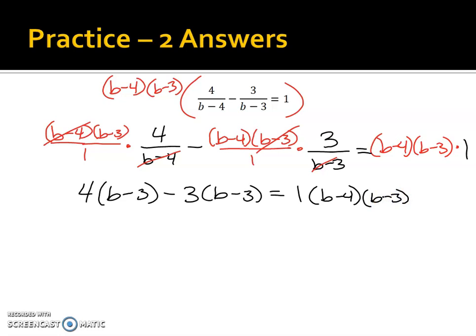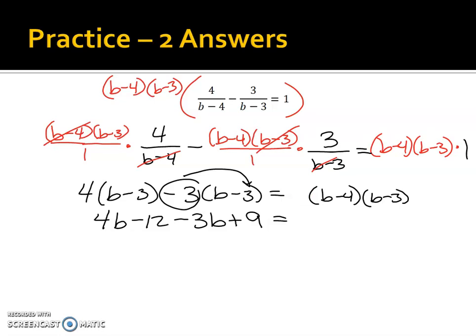Okay? So we're going to go through and distribute to simplify this thing. 4b minus 12, nothing's crazy yet, right? Negative 3b, don't forget that's a negative 3 when I distribute, so that makes it a positive 9. Okay? And then here's where the tricky stuff starts. I've got a 1 times, well, I don't even need that 1 there because 1 times anything is just itself.